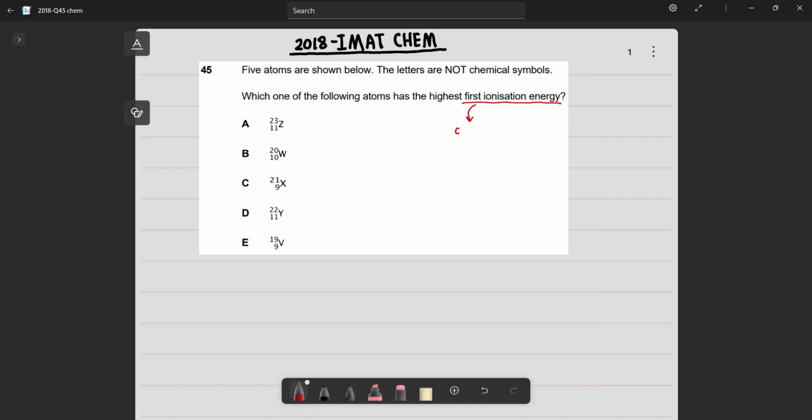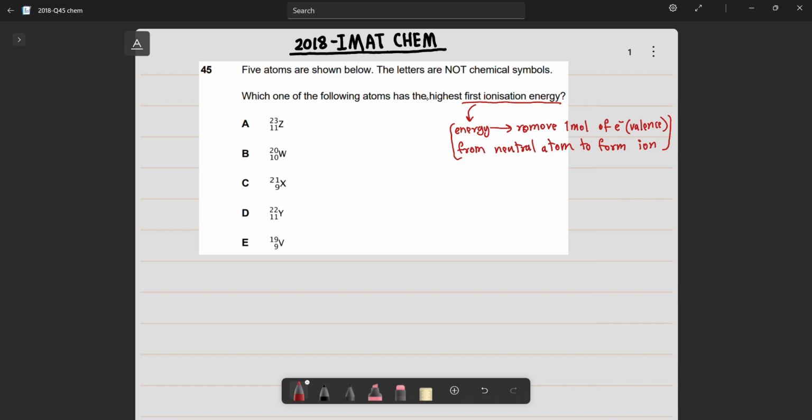It's the energy required to remove 1 mole of electrons, which is mainly the valence electron, from a neutral atom to form an ion. So this is the basic definition we are supposed to know before solving this question.